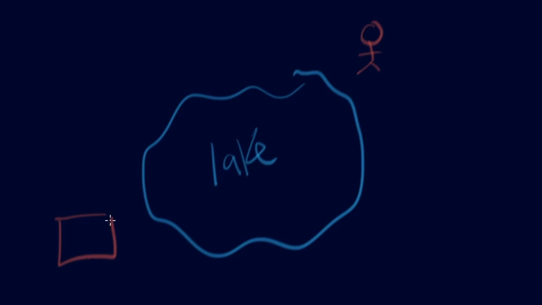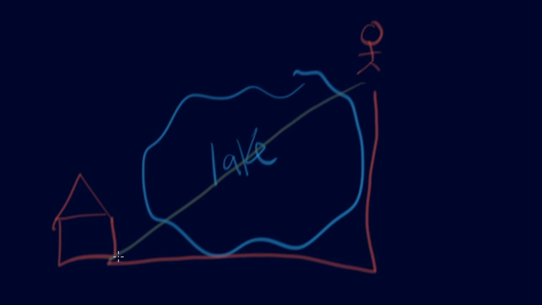We want to get to a house. It's not very exciting, is it? But maybe somebody's cooking something really yummy inside the house, and you want to know, is it better to go around like this, or is it better to swim across? What's the shortest distance? That's a classic kind of question, because you make a 90-degree angle there. So just remember, use Pythagoras, plug everything in, and there you go.